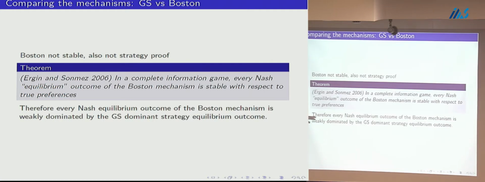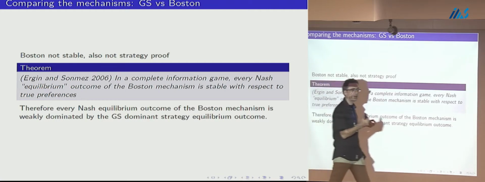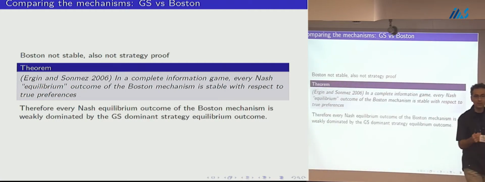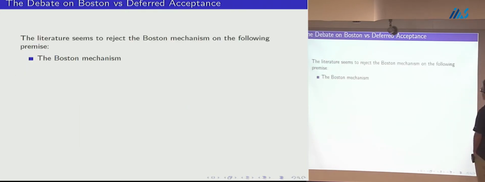And therefore, we don't know which equilibrium parents are going to be playing. But if they can coordinate on a Nash equilibrium, we know that that equilibrium is not going to be better than the Gale-Shapley outcome.